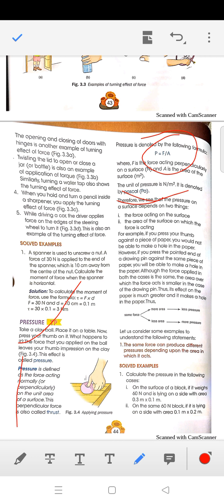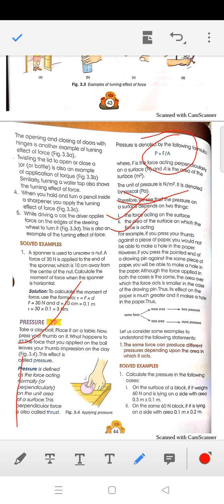So now this pressure depends upon two factors. First is the force and second is the area. So pressure is directly proportional to force. If force is more, pressure will be more. And pressure is inversely proportional to area. Okay? If area is small, then pressure will be large.